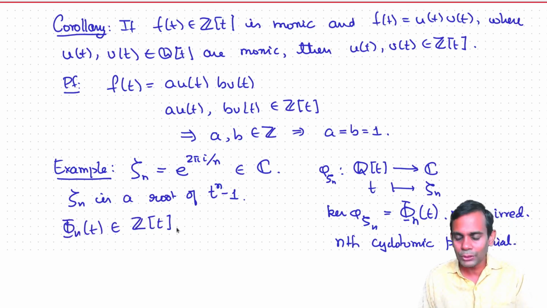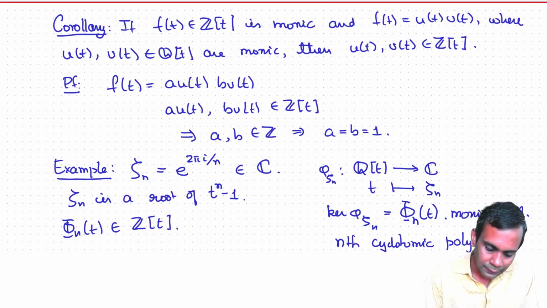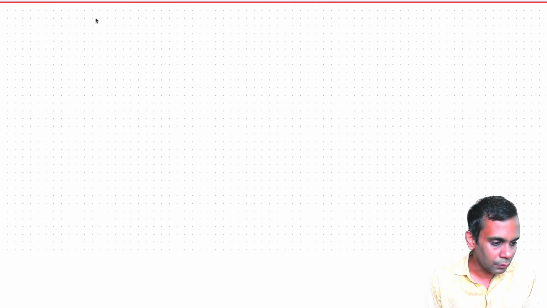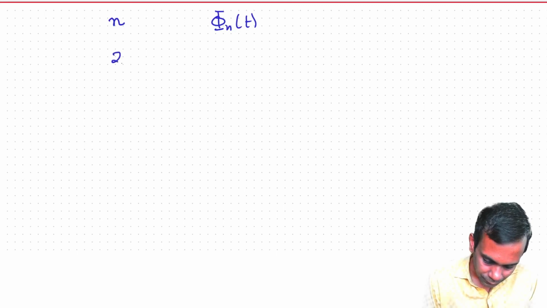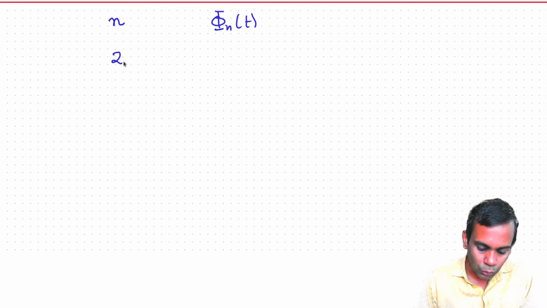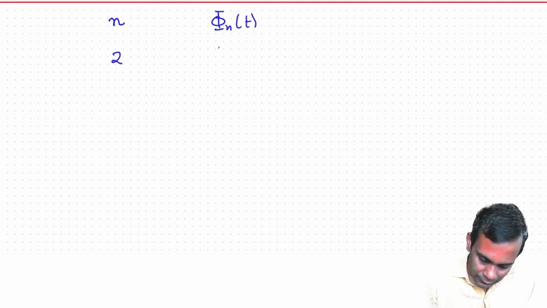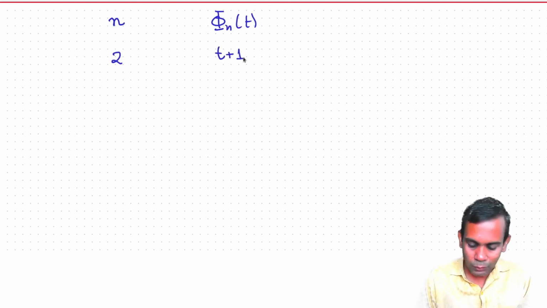We can compute some examples of Φ_n(t) for small cases by hand. So for example, let's write down n and Φ_n(t) for some small examples. If n is equal to 2, then we are looking at ζ_2, which is a square root of 1, which is −1. So we just get t + 1. Minus 1 is a root of the irreducible polynomial t + 1.